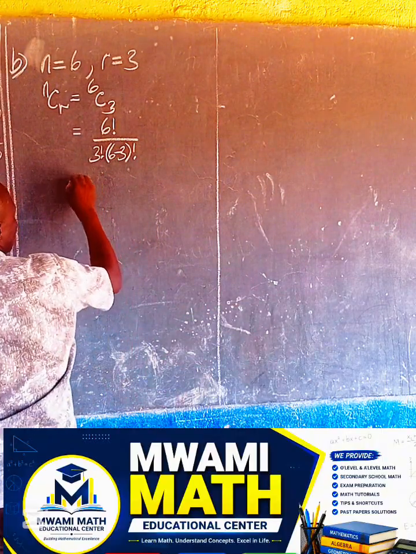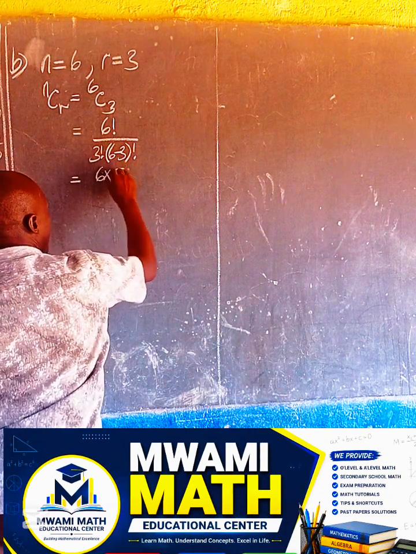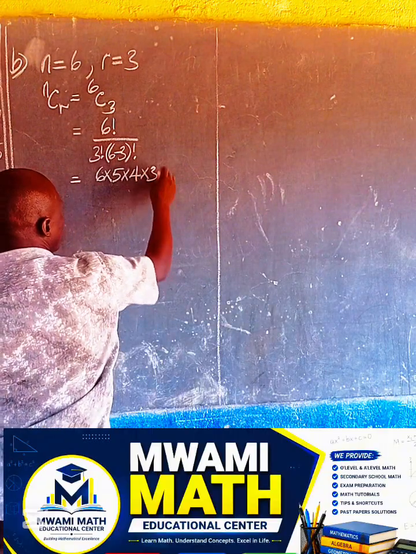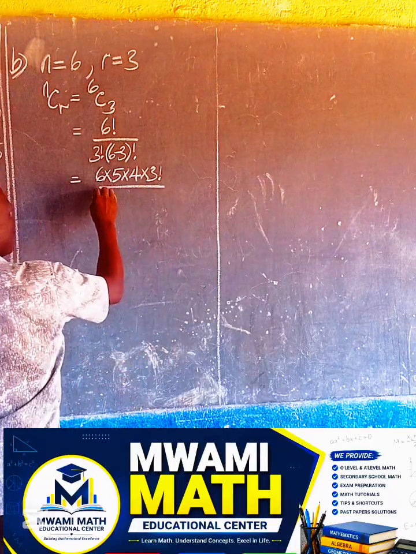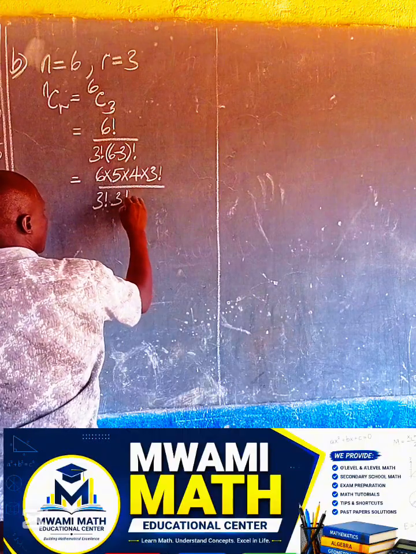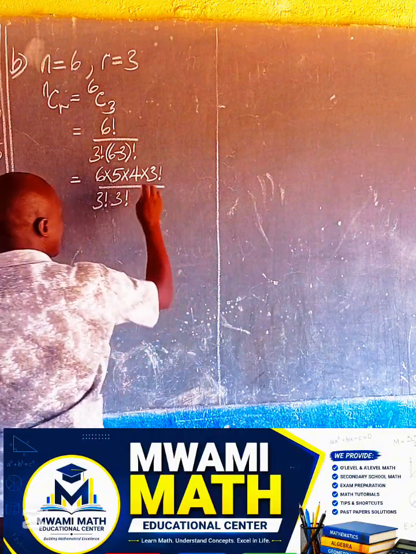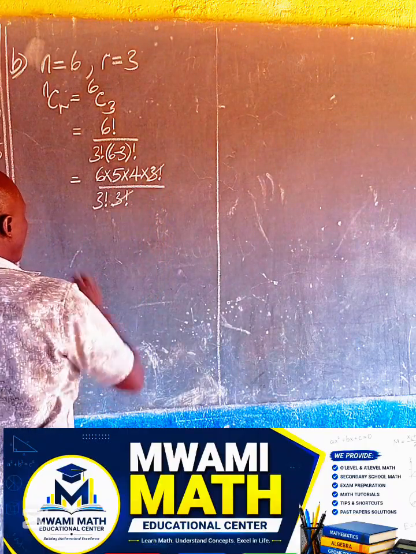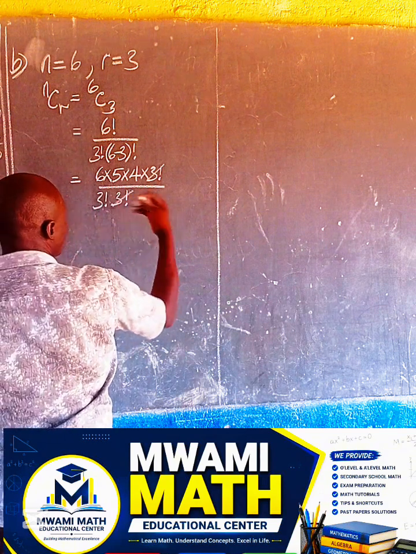So what does this give us? This means 6 times 5 times 4 times 3 factorial all over 3 factorial and 3 factorial. So from here, this one will go with that. So that here we have 3 factorial means 3 times 2.